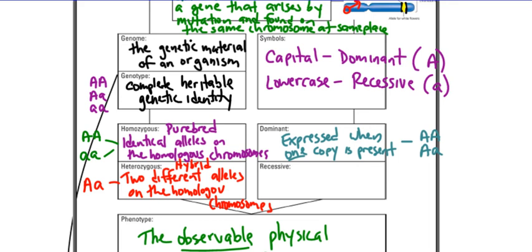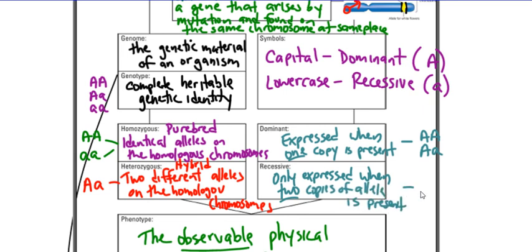The fact that we have one capital letter, the dominant phenotype is going to show. Whereas recessive is only expressed whenever both of your alleles are lowercase. So two lowercase letters. We call that homozygous recessive.